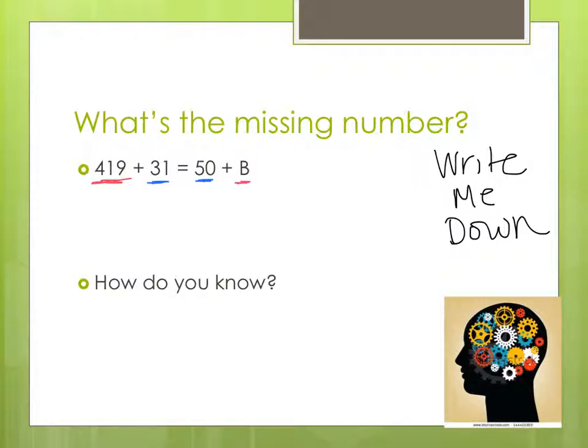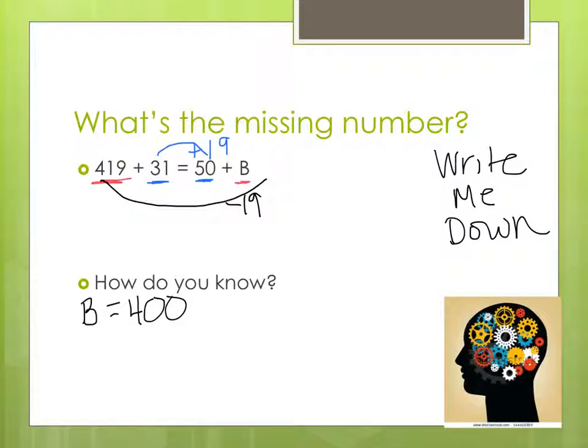When you compared your numbers, did you see that from 31 to 50, there is an increase of 19? 419 then needs to be decreased by 19 for b. That tells me b is equal to 400.